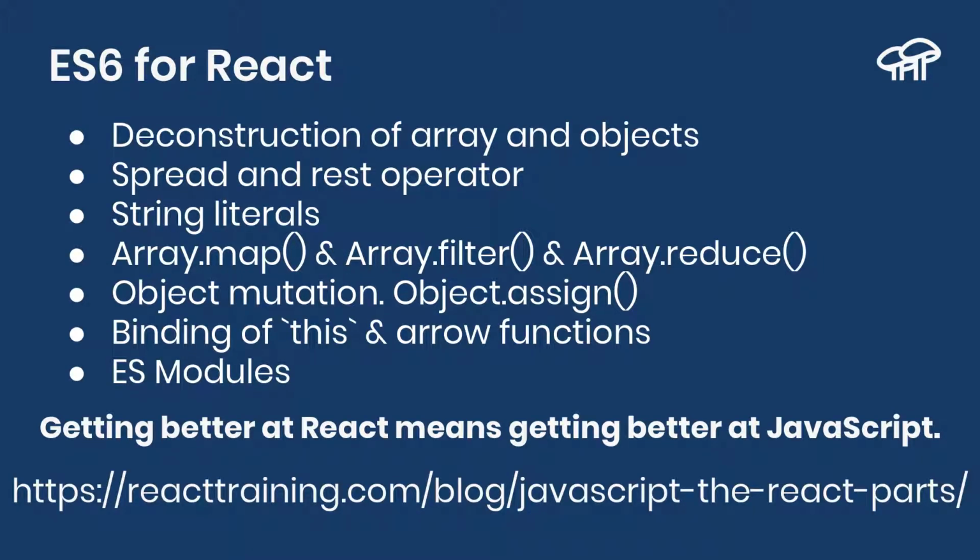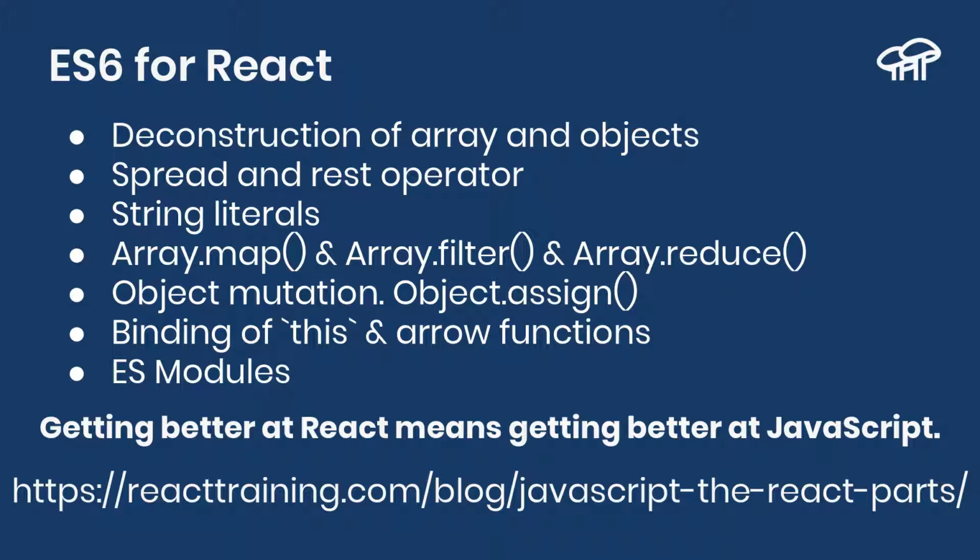These are some of the things that are common in everyday React application development, like the construction of arrays and objects, spread and rest operators, string literals, and so on. I think that probably the more important ones are understanding the binding of this and arrow functions, and understanding object mutations.